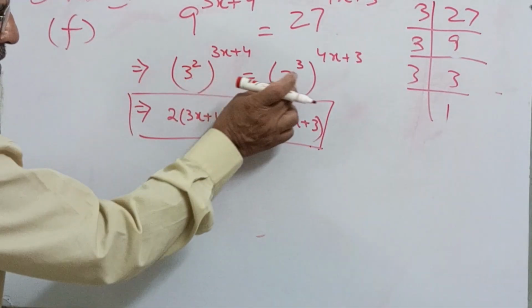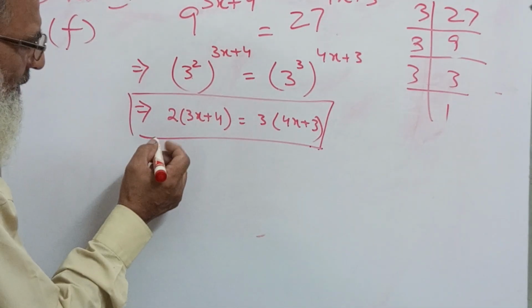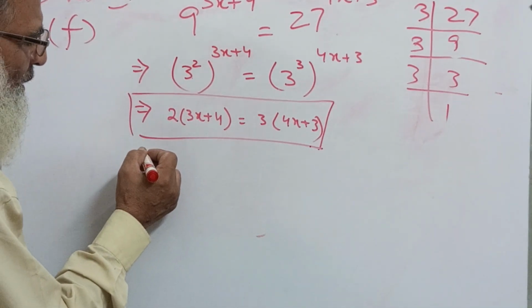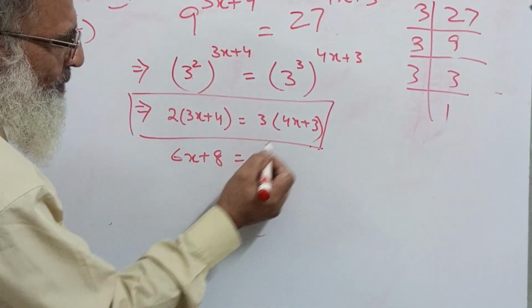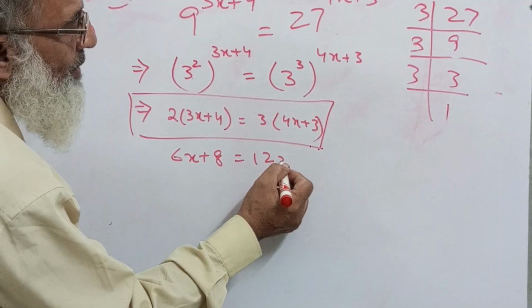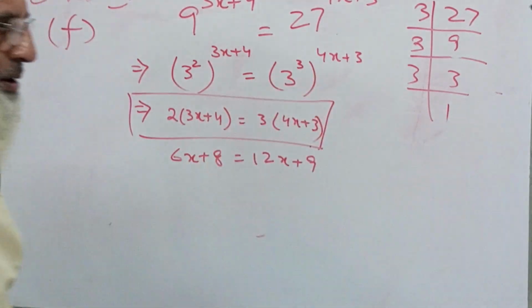I just ignored these bases to solve these powers only. Now this power will become 6x plus 8 and this power will become 12x plus 9.